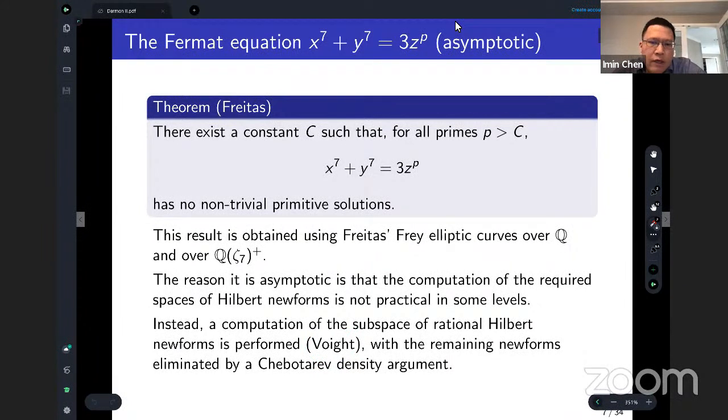And that allowed Nuno Freitas to eliminate those newforms with rational Fourier coefficients. And then for the remaining newforms, which have non-rational Fourier coefficients, a Chebotarev density theorem argument was used. And that's the reason why the constant is very, very large. I don't even want to write it down, although it can be made explicit.